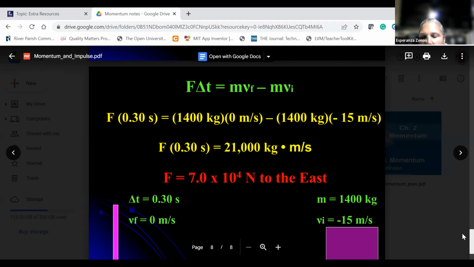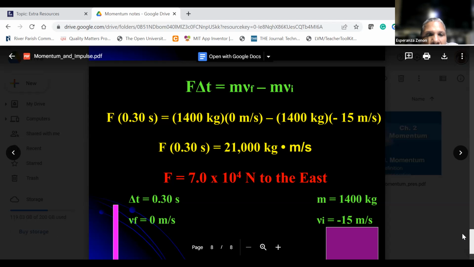And then the initial velocity. This is very important here because they said 15 meters per second west. Remember, vector language, west means negative. So we have to put our negative sign there to indicate direction, and west is negative. All right, east is positive, west is negative.